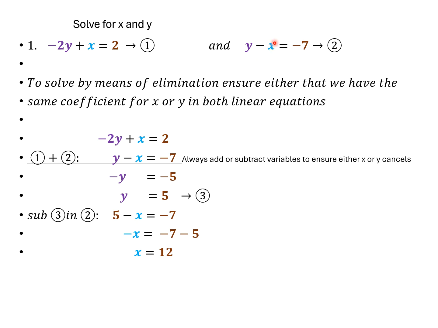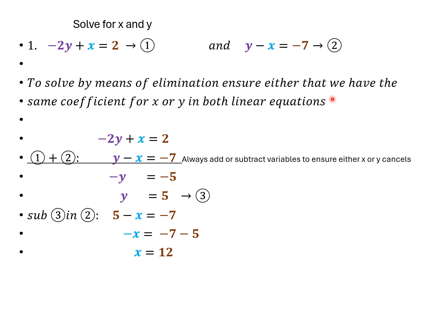Right, so to solve it simultaneously technically means I have to make either this formula or that formula contain only y or only x. That's the objective of solving simultaneous equations. Now, to solve by means of elimination, ensure that we have the same coefficient for x or y in both linear equations.